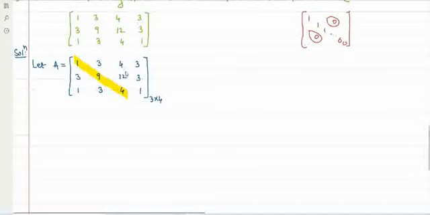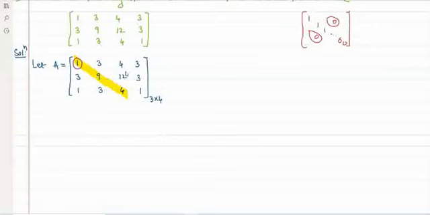First try to obtain the A11 element as a 1 without getting a fraction. Try to avoid a fraction. If you get a fraction it's also okay, but calculation may go wrong. So that's why try to avoid fractions, and by avoiding fractions, obtain the A11 element as a 1.